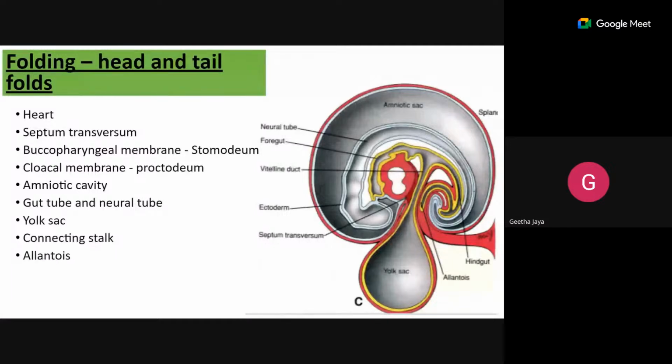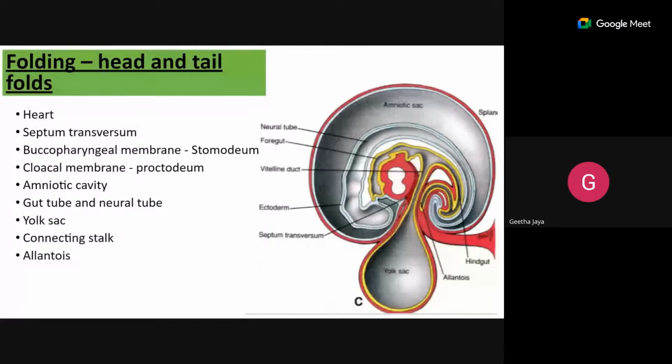That is divided into post-allantoic and pre-allantoic part, and the post-allantoic part is the urinary bladder partly, and it will also form the anal canal, not completely, partly.